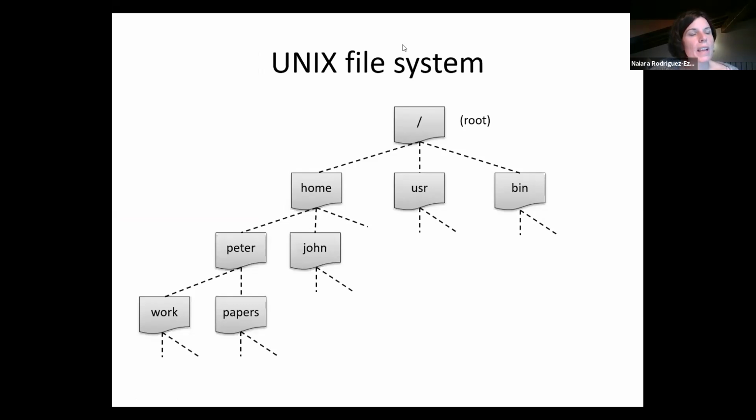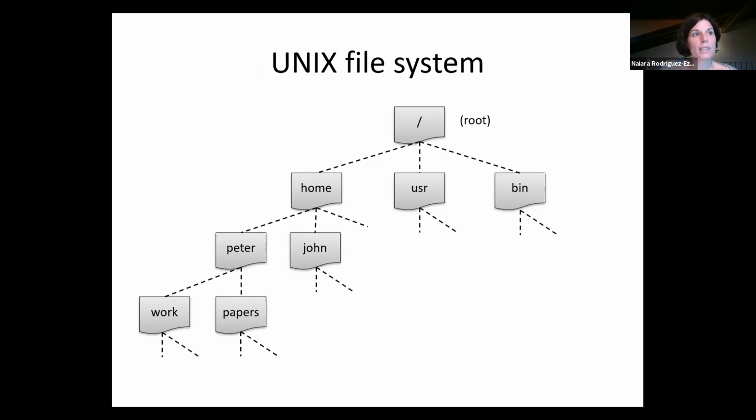So the Unix file system is, as it says, a hierarchical file system. The top of this hierarchy is what we call the root, which is represented by a slash, like this. And under the root, we usually have several folders.